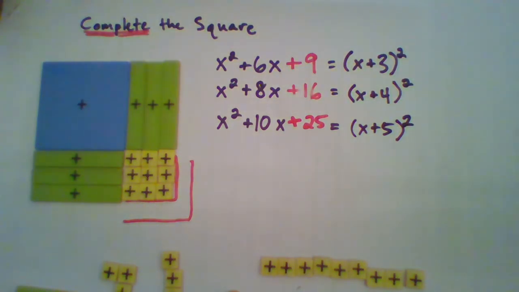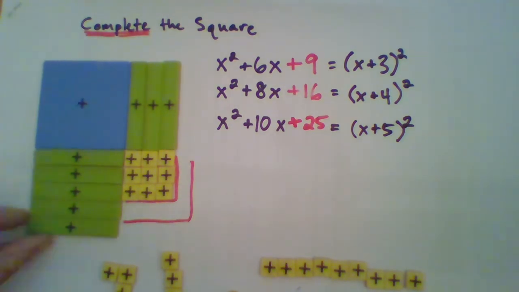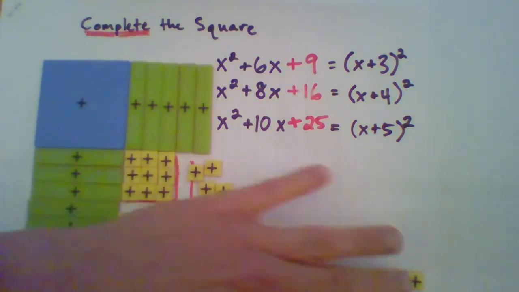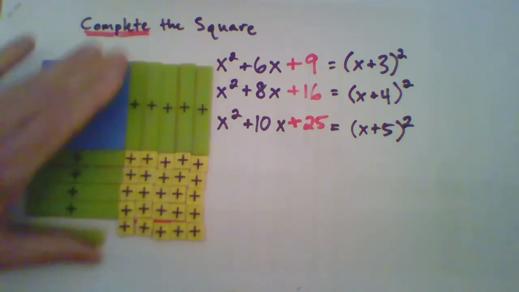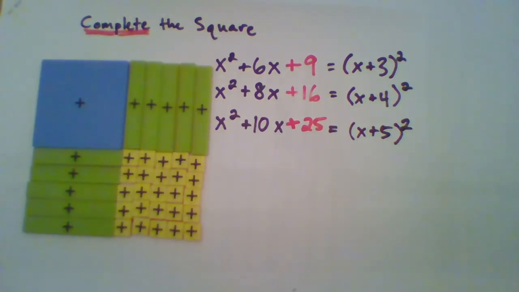I'm just going to rearrange the algebra tiles and check to make sure that that works. Okay, so there we go. I've got 1, 2, 3, 4, 5, 1, 2, 3, 4, 5, so that's 25 yellow squares that I had to add in order to complete the square.